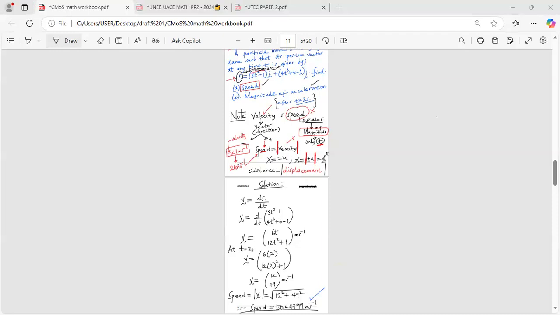Can we go to acceleration now? Because now the question is asking for the magnitude of acceleration. To get the magnitude of acceleration, we shall need the acceleration itself first. After getting the acceleration itself, we can proceed and get the magnitude.